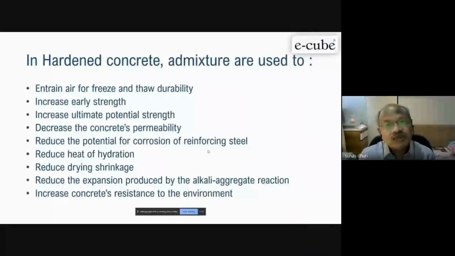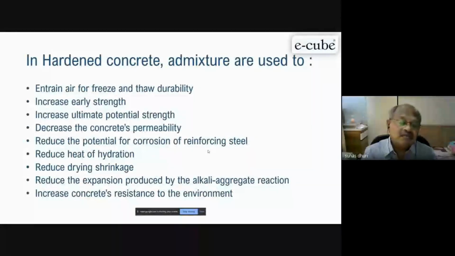So always you use a word to get the properties of the concrete: use an optimum amount of cementitious system, and an optimum amount of water. That one has to remember. Reduce the expansion produced by alkali silica reaction. That is also possible, as an alkali silica reaction admixture is available in the market today.